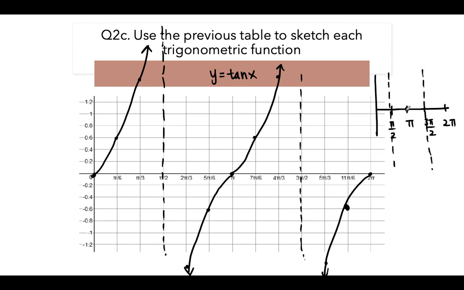And at pi, we have 0, 0, and 0. So similar to sine, except that it looks like a cubic function that will never touch the asymptote like this. Okay, so that is the tangent function.